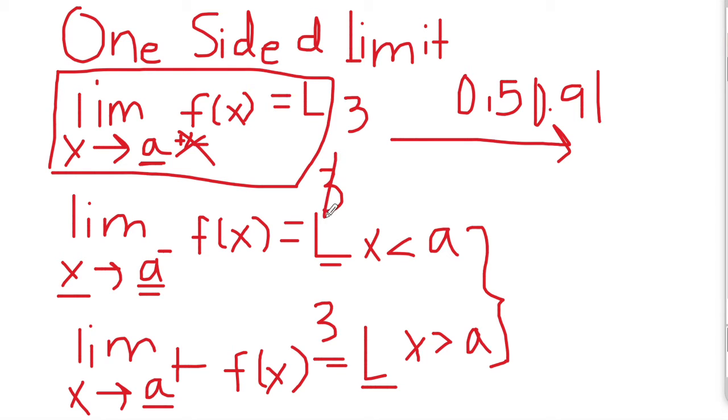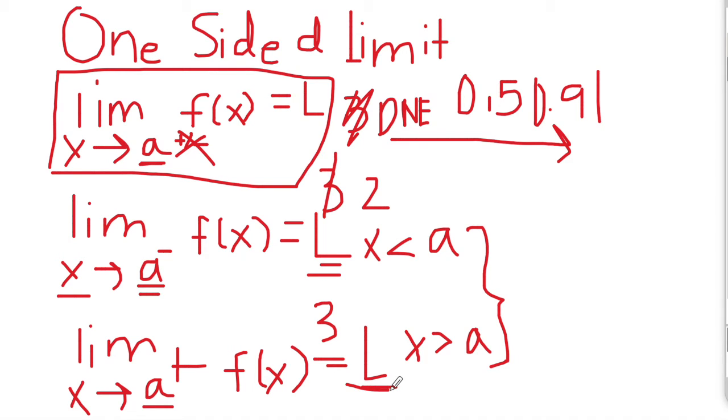But let's say they're different values. Let's say this was 2, and this one's still 3, then this one does not exist, because the only way that a limit with no plus or minus would exist is if this L and this L are both the same.